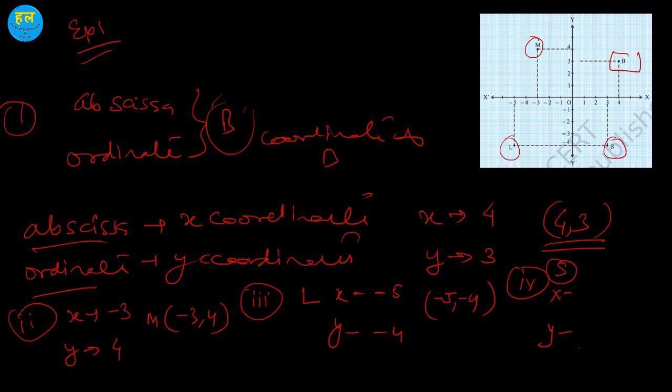We can see that it is on the right hand side of the x-axis, therefore it will be positive, and it is 3. So take it as 3, and it is below the origin, therefore negative, and on 4, so therefore -4, and the coordinate will be x comma y, that is 3 comma -4.